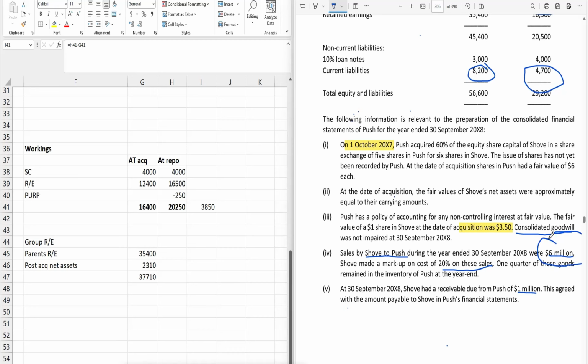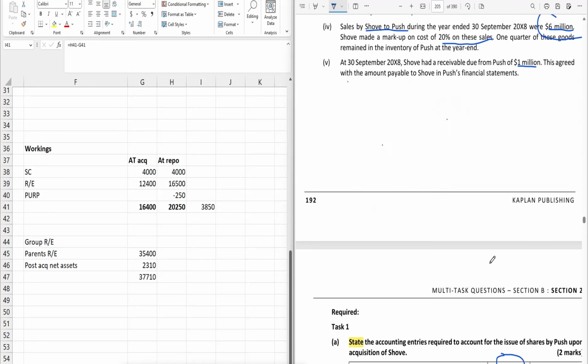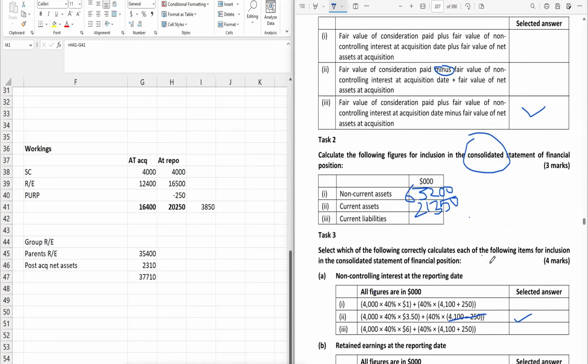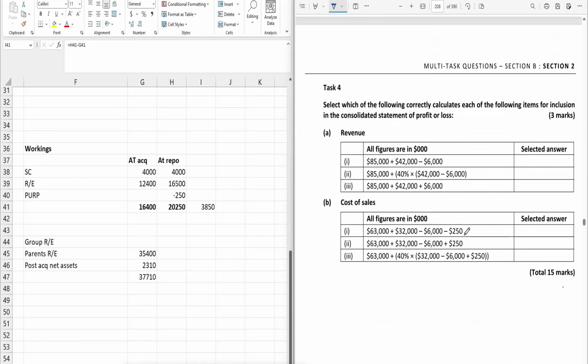One company might have recorded the cost of sales and the other might have recorded revenue, because one company has purchased and the other has sold, right? So we need to remove this amount from both cost of sales and revenue. So if we look at the options, 85,000, 42,000 and minus 6,000. Yes, this is the correct option.